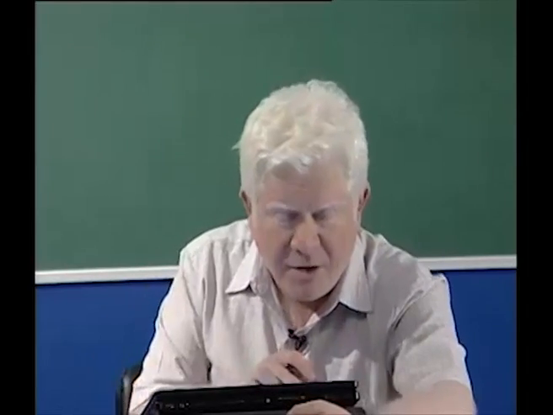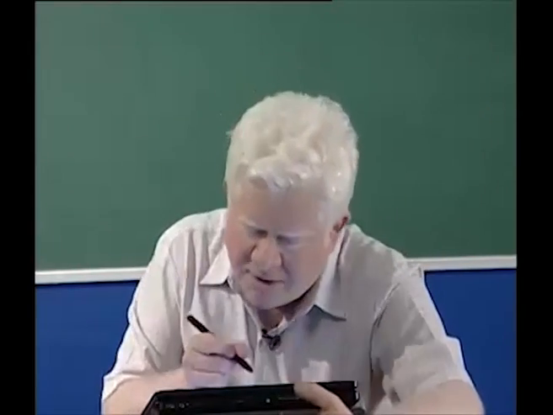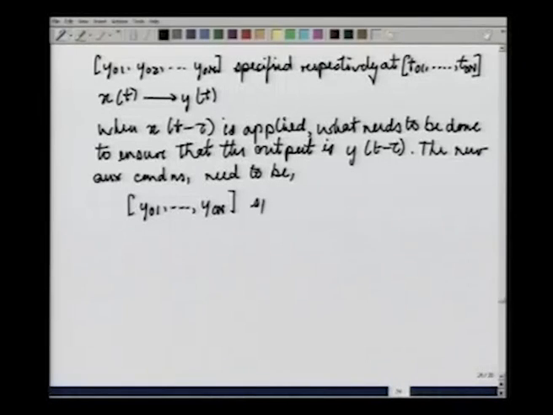Now, I am saying that the values should remain the same, but the time instants at which these values are specified must be t01 plus tau, t02 plus tau, and so on to t0n plus tau.